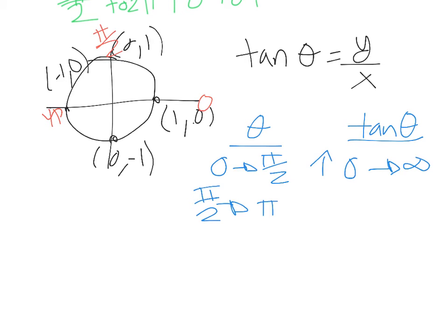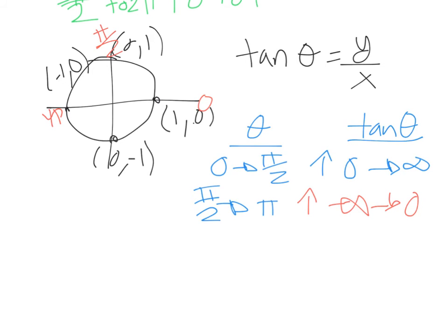So instead of starting at infinity, just on the other side of 90, it will be going from negative infinity to, at pi, 0 over -1, which is 0. So again, it will be going from negative infinity to 0, which is interesting to think about. So it's actually going to be increasing there.